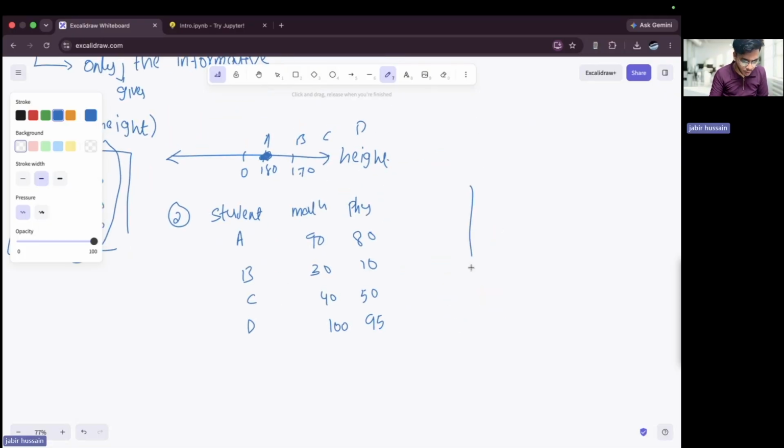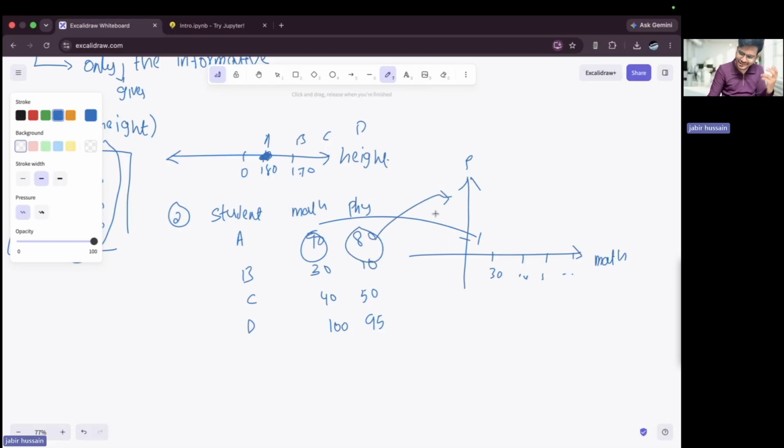If you try to plot this data, we draw our x-axis and y-axis, where the x-axis represents math and the y-axis represents physics. We just plot the features: 90 math, 30 here, 40 here, and whatever the second features are, I'll plot them on the second axis.